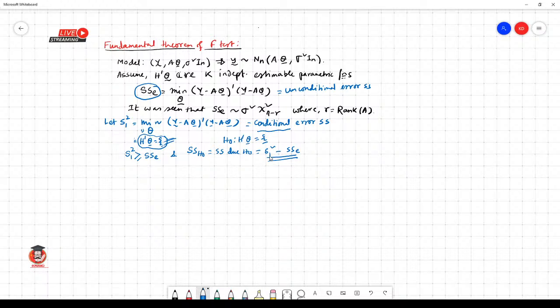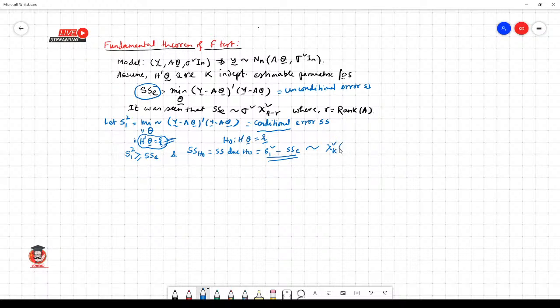And we want to prove that this portion follows chi square with k degrees of freedom.